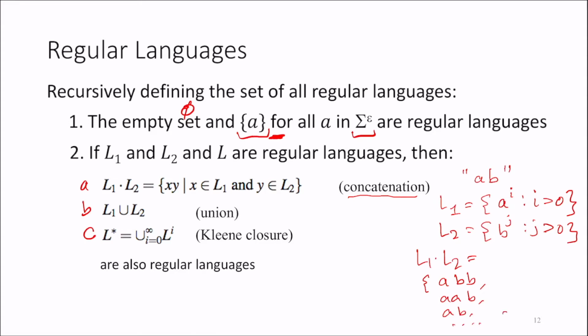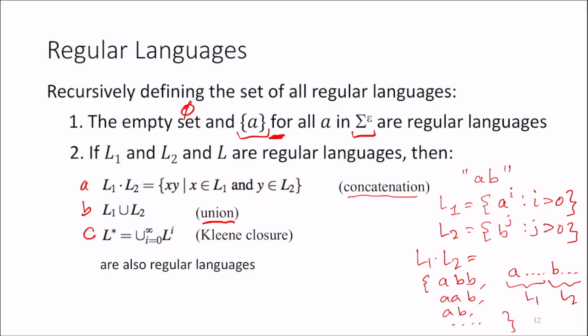And so you can see that all I'm doing is making sure that this set of strings is all the A's from L1 and then all the B's from L2. And I'm concatenating them together to get this new regular language, which is L1.L2, the concatenation of the two.